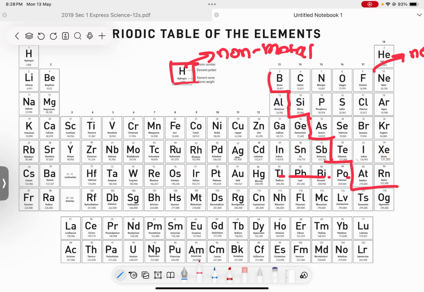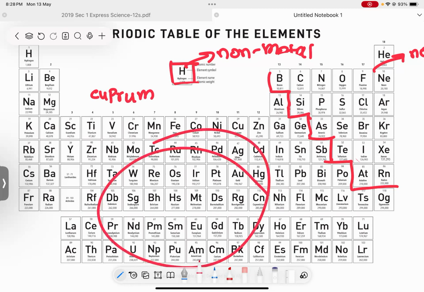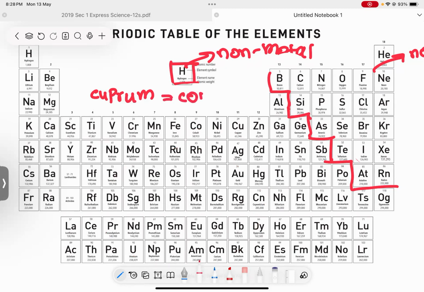But friends, there's this thing, cuprum. Now you might be asking me, I paused the video, I looked at the whole periodic table, but I did not find cuprum. That is because cuprum is copper. You got fooled, right? Cuprum is the Latin name of copper. Don't believe me? You can ask Google.